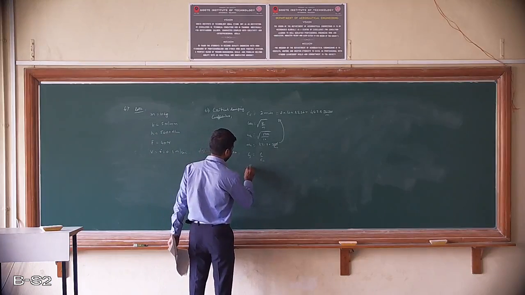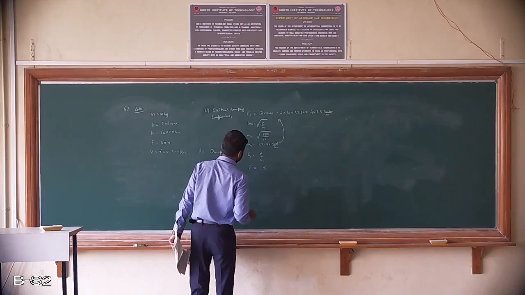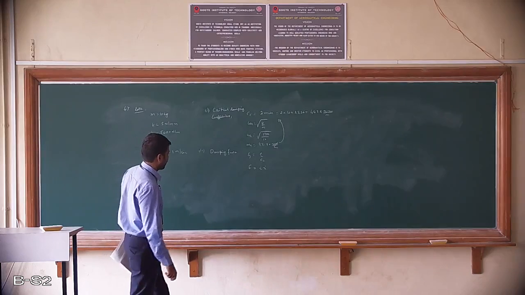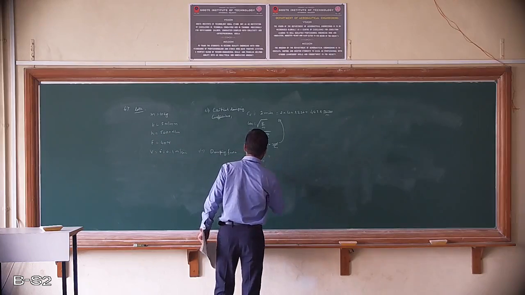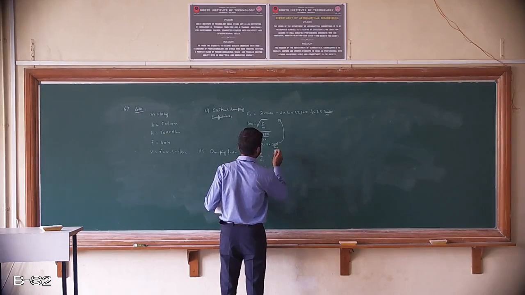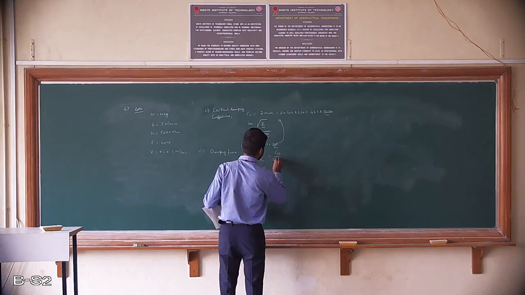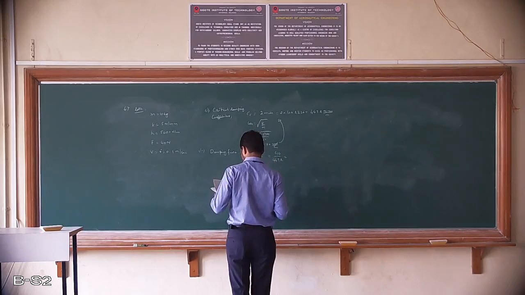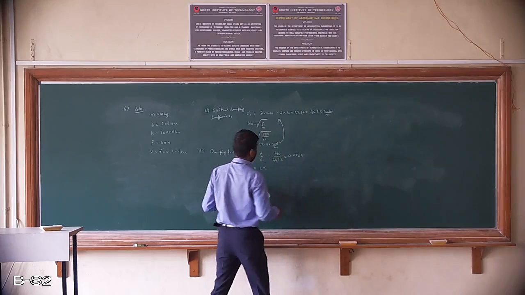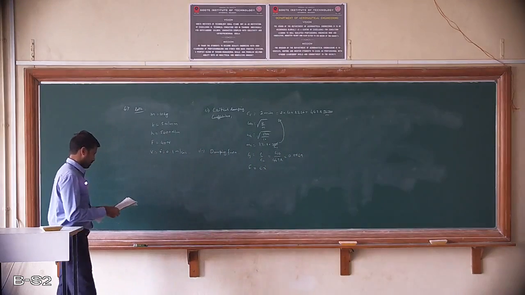So how to get the value of C? F is equal to C into x dot. The value of F is given and the value of x dot is given. You can find out the value of C and the value of zeta is found out to be 40 divided by Cc, that is 457.2, and it is found out to be 0.0849. So we have done the second one.